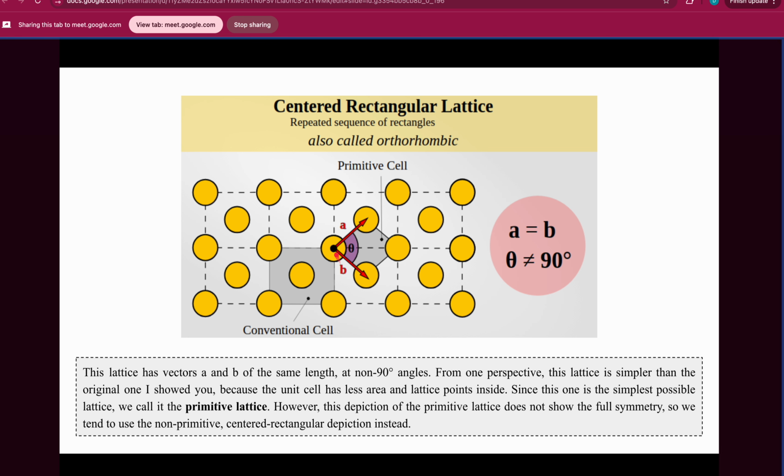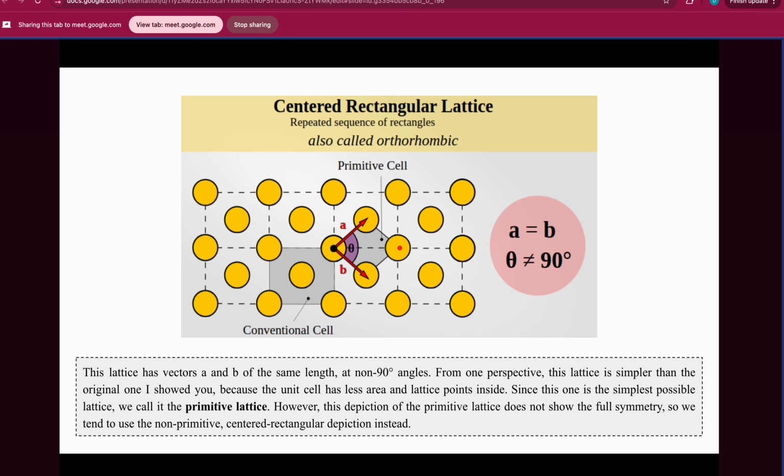Yeah, so this is the conventional cell and this is the primitive cell. Now I'll just tell you a short difference between the primitive cell and the conventional cell. The conventional cell is written because by convention we consider the centered rectangular lattice in which the lattice point is lying in the center. But why is it called primitive?